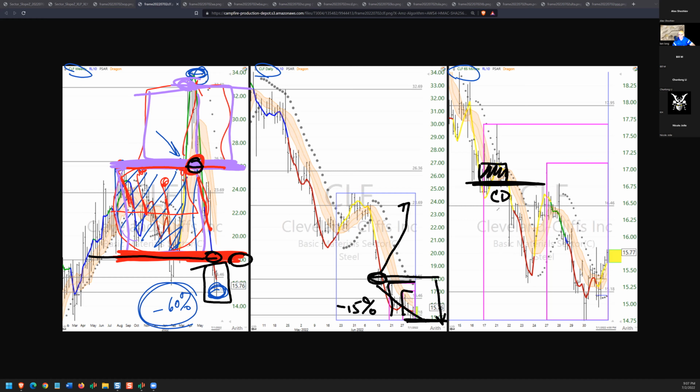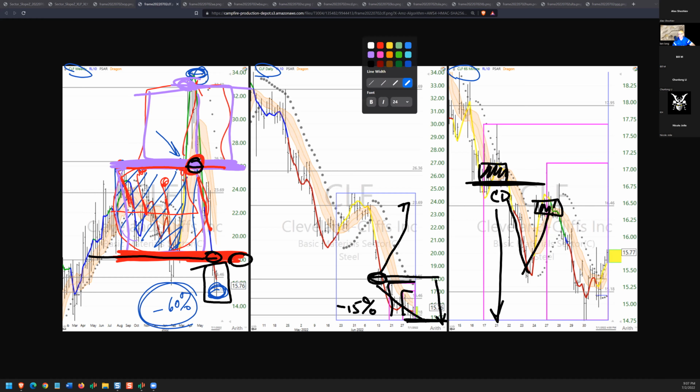collapsing dragon, that's why we love the collapsing dragon. Comes back up to a support level. Uh-oh. What do we call the entry in here?